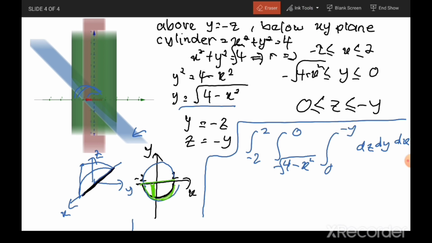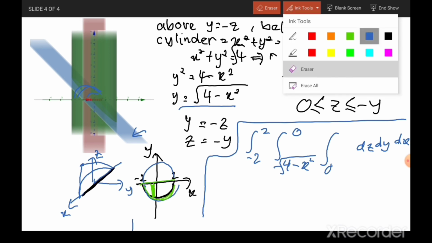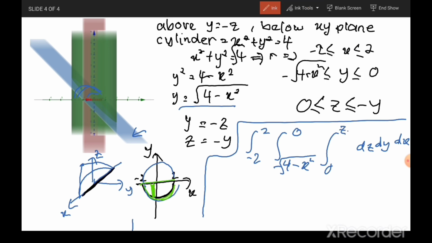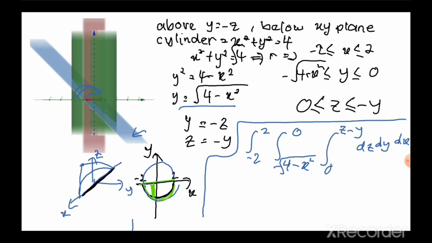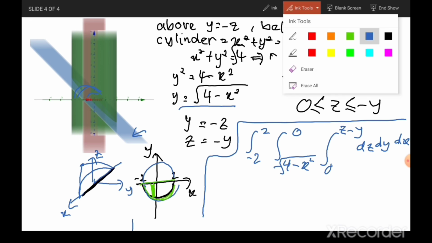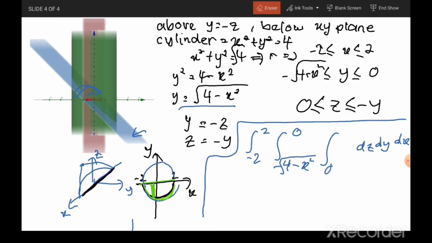For example, if I change this interval to z minus y, that is wrong because we cannot integrate it. When we try to integrate, we will get z, and z cannot be integrated until the end.